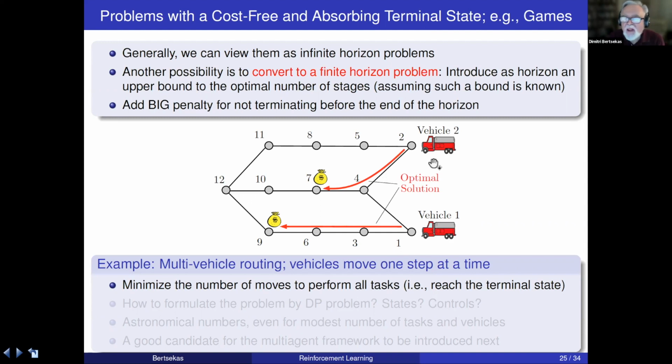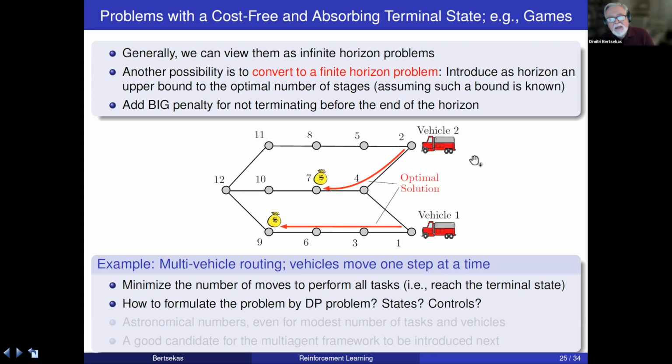On the other hand, for an optimal policy, you can easily, within this context, estimate the number of moves that are necessary to execute all the tasks. So if we want to minimize the number of moves to perform all the tasks here to reach the termination state, we can provide an estimate of an upper bound of the number of moves needed.